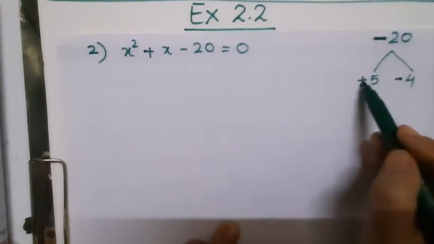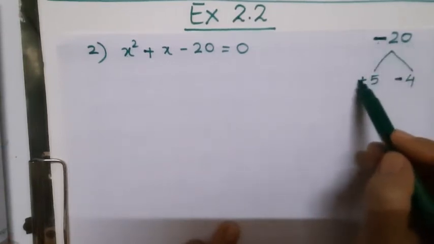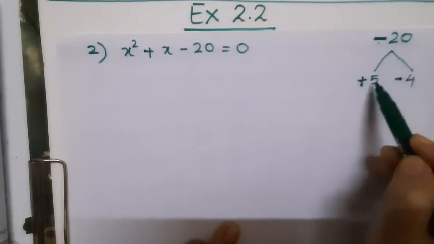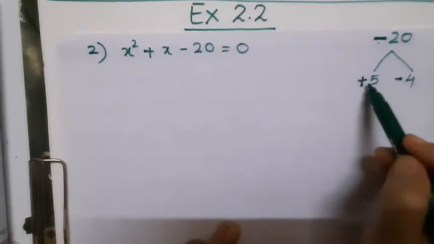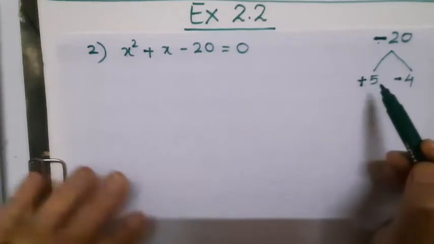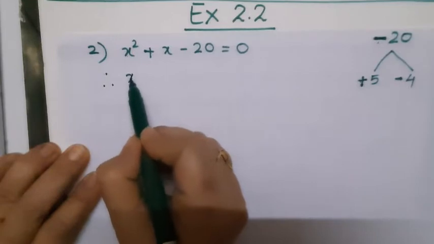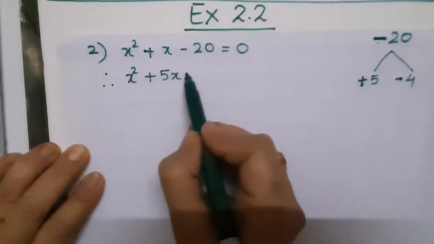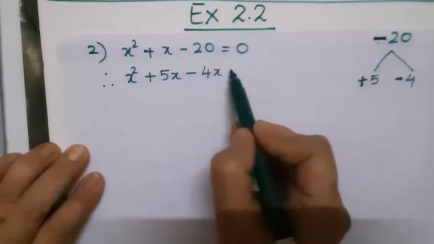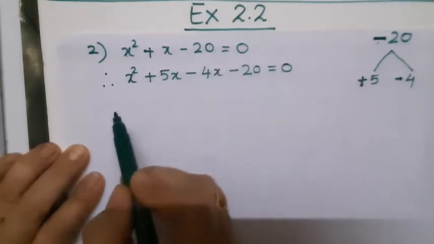Then only the product of plus into minus will be minus, and when we add or subtract one positive and one negative number, it is always the sign of the greater number. Now let us split the middle term. So we will get x square plus 5x minus 4x minus 20 is equal to 0.